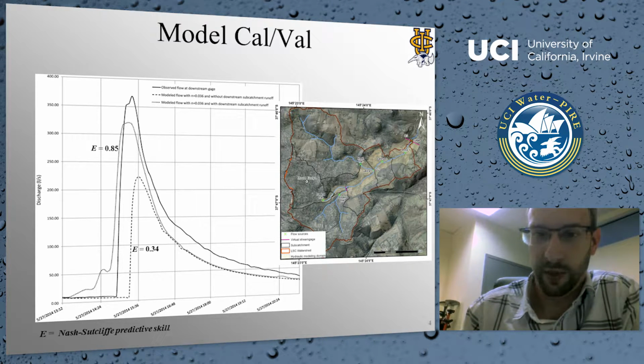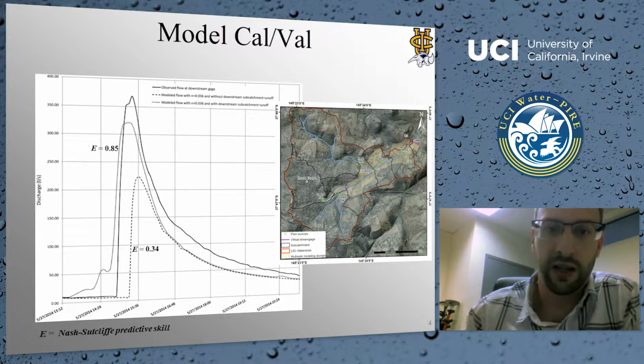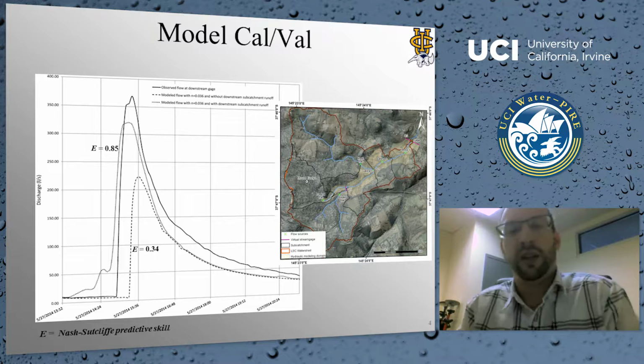And we tried to create a hydrograph that you can see on the left-hand side figure. The solid black line is the measured flow at the downstream location of our catchment, and the dashed black line was our first attempt in validating the model.